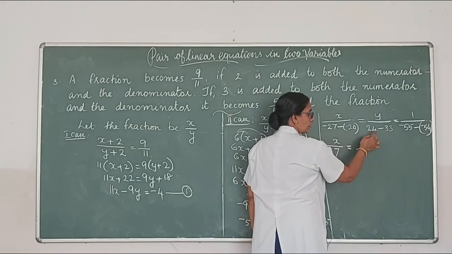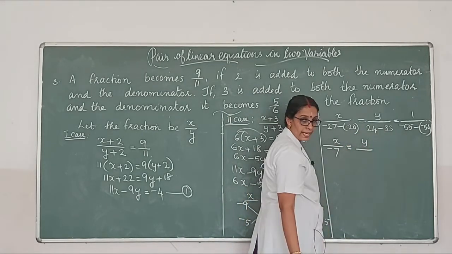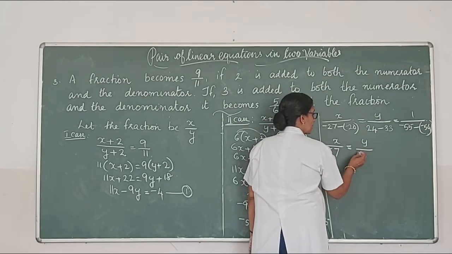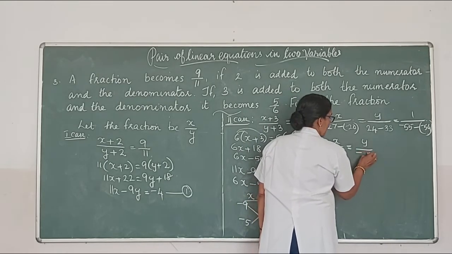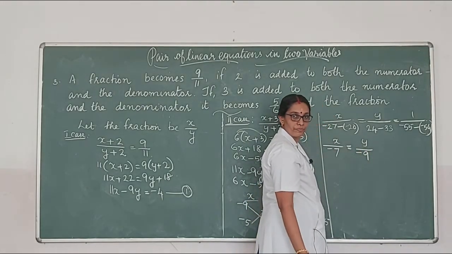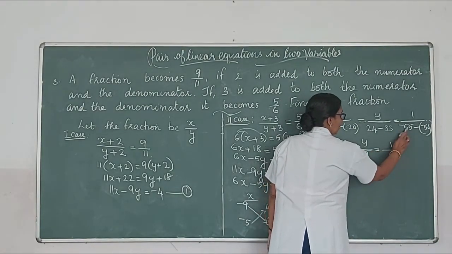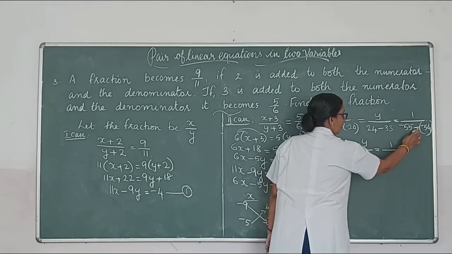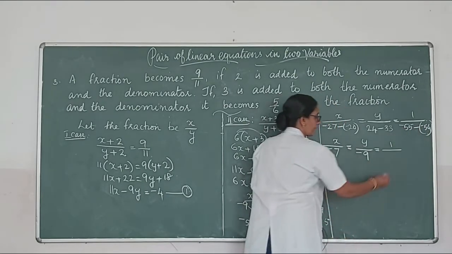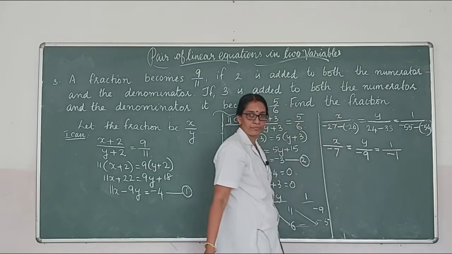Positive and negative, so we have to subtract and put the sign of the greater value. So it is minus 9, equal to 1 by minus 55 plus 54, it is minus 1.